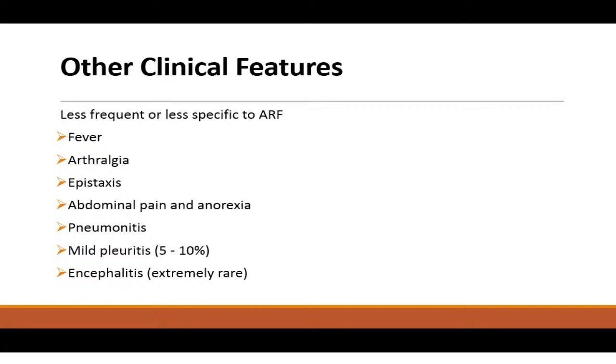Also arthralgias, epistaxis, and sometimes abdominal pain, sometimes due to polyserositis or enlargement of the liver in severe heart failure.